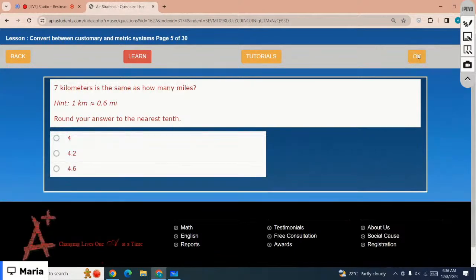The next one is 7 kilometers is the same as how many miles? Yes, the correct option is 4.2. You need to do 7 times 0.6, right? That means the correct option is 4.2.